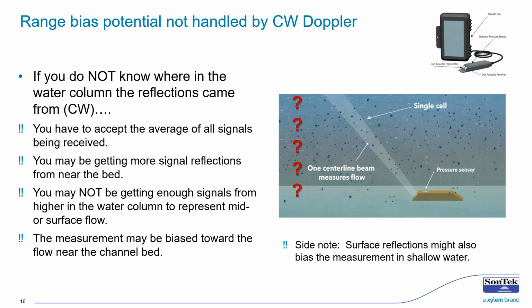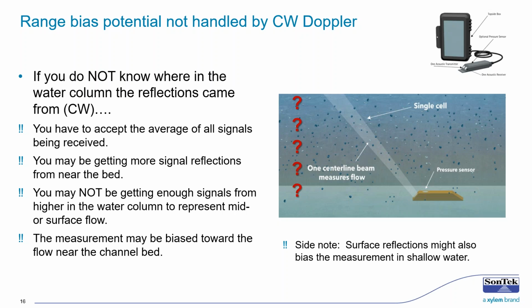The next item is that you may be getting more signal reflections near the bed because, like we discussed, heavier sediments that tend to reflect more are going to sit lower in the water column. You might not be getting enough signals from higher in the water column to represent the mid and surface velocities. And then finally, the measurement may be biased towards the flow near the channel bed.